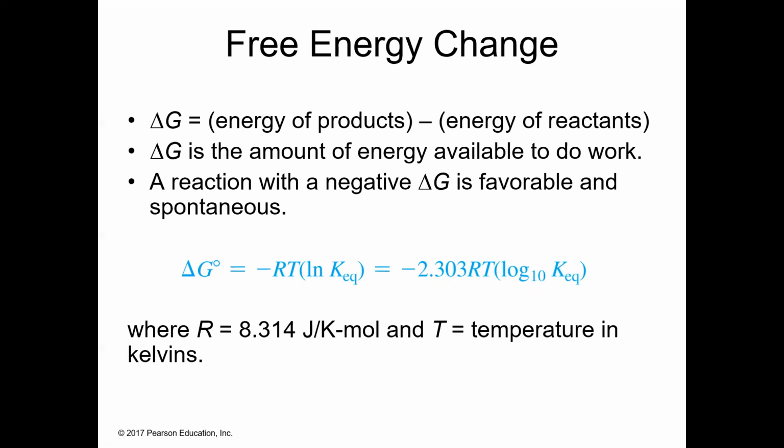In terms of the equilibrium constant, this is the relationship. Delta G standard is equal to minus RT ln K, or in base 10 logs, it's times a factor of 2.303. R is the gas constant in joules or kilojoules, and T is the temperature in Kelvin.